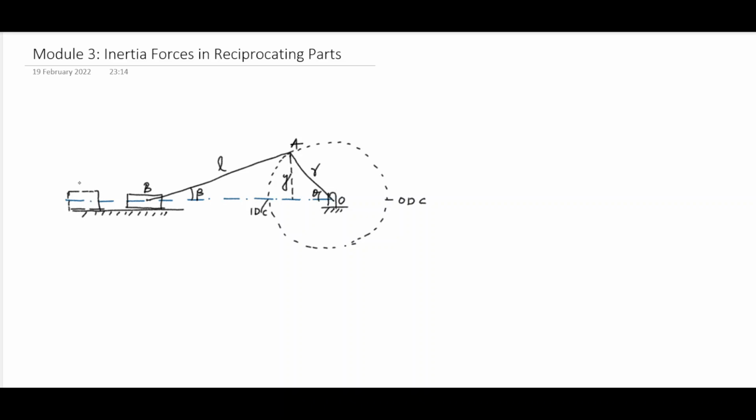Let's say this is the B1 position, and because of the rotation theta of the crank from the IDC, the slider moved a horizontal distance X.